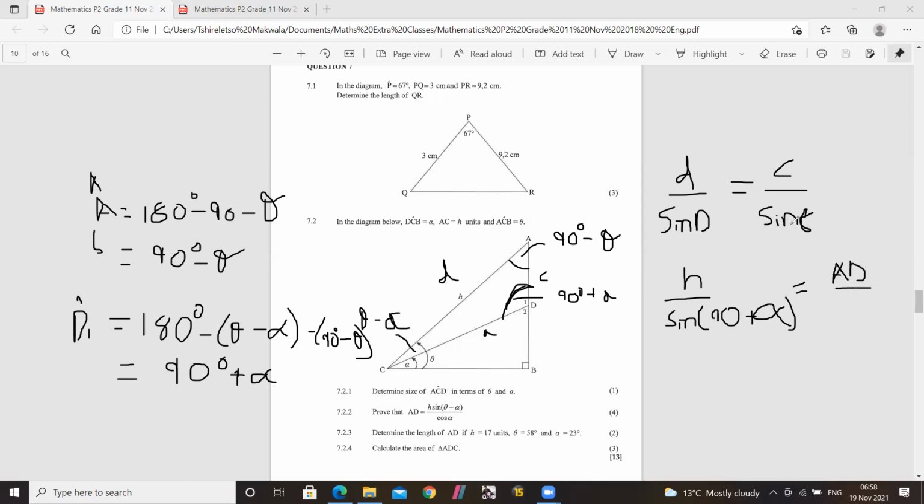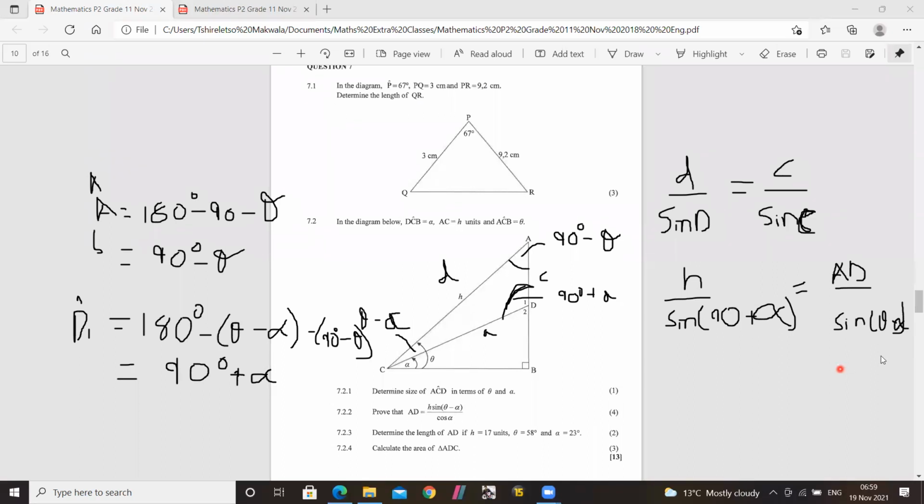Then sine C, so this is C here. So sine C is equal to sine theta minus alpha. Then when you continue with this, you'll get this answer here.